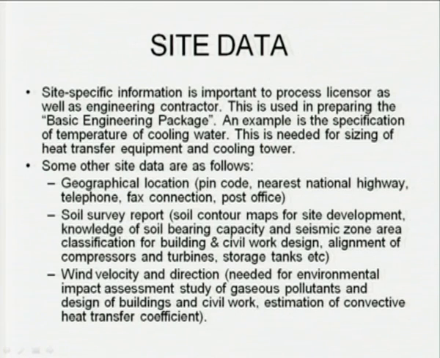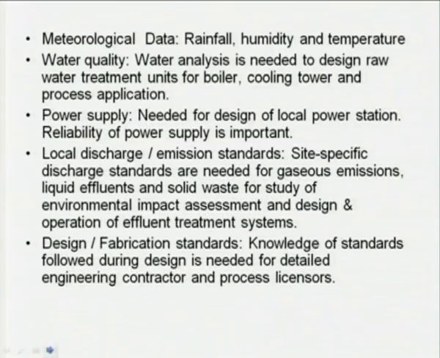Then the next aspect is that of wind velocity and direction. It is needed for environmental impact assessment, study of gaseous pollutants and design of building and civil work, and for estimation of the convective heat transfer coefficient for naturally cooled equipment. Then the meteorological data that I already mentioned: rainfall, humidity and temperature, the water quality, power supply, load, local discharge and emission standards.